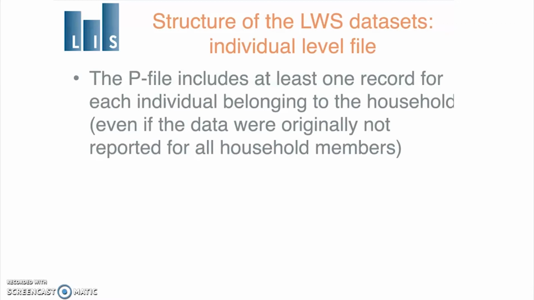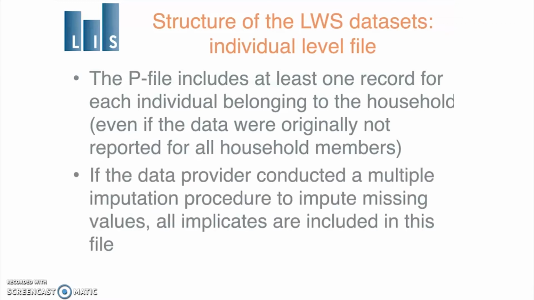In such a case, the P file contains also records for the other members of the household, not only for the head and spouse. Of course, the information on the other household members is missing, except the information that was collected, such as age, gender, etc. If the data provider conducted a multiple imputation procedure to impute missing values, all implicates are included in this file.